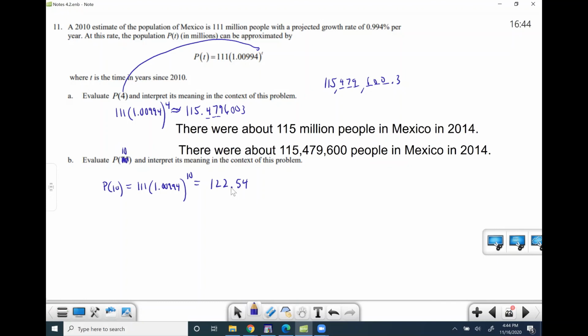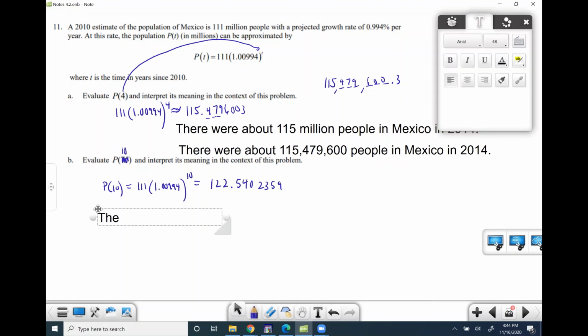Okay, and if I write more decimal digits, we could say, oh, there's around 123 million. That might be what Connect Math wants you to do. Okay, so there were about 123 million people in Mexico in 2020.